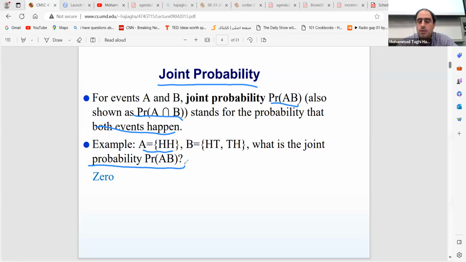Why 0? Because A and B don't have an intersection. If two events happen, what is the intersection of these? And if there is no intersection, it would be 0. So that is very important. Probability of AB means probability of A intersection B, and we are using it a lot in game theory.